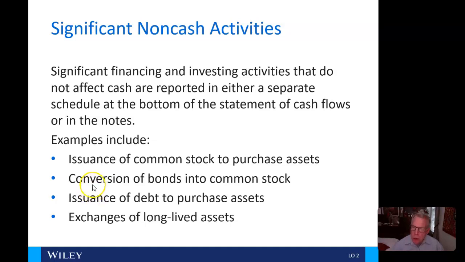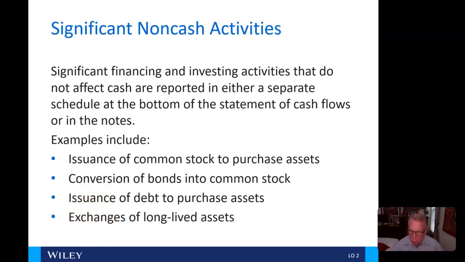So you can have significant financing and investing activities that don't affect cash, and they're either reported as a separate schedule, perhaps at the bottom of the cash flow statement, or in notes.